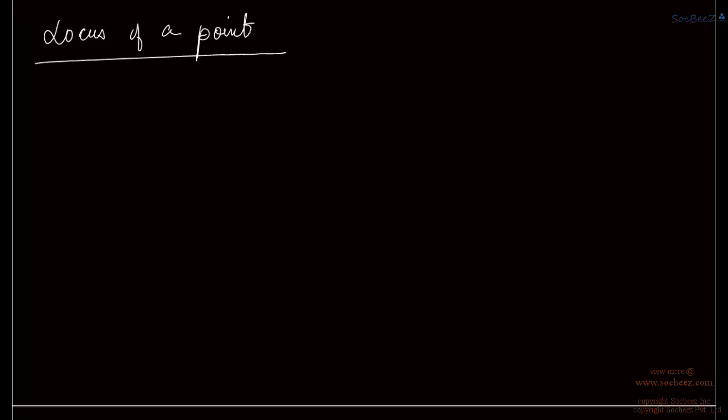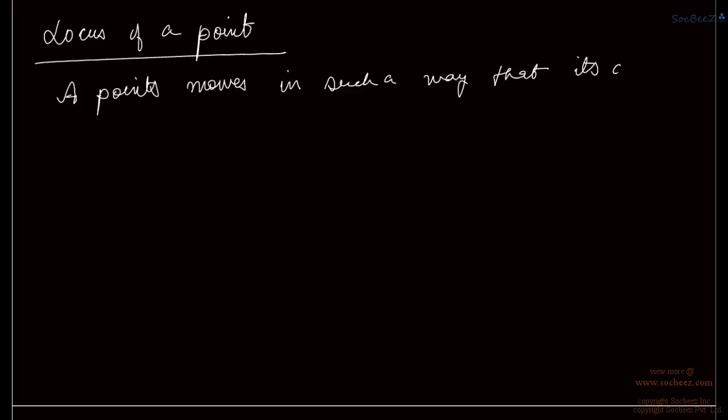Say, for example, if I say a point moves in such a way that its distance from two fixed points are equal.